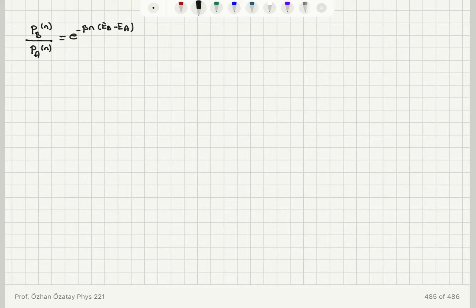So the ratio of the probabilities pb to pa for n atoms will be e to the minus beta n epsilon, because remember that in problem 4.24 we said eb minus ea is epsilon. So this is problem 4.24 statement.